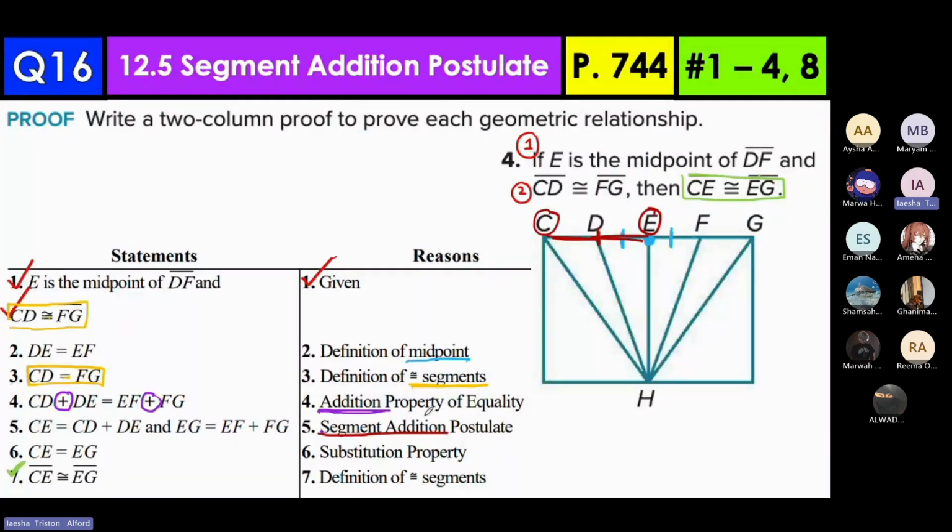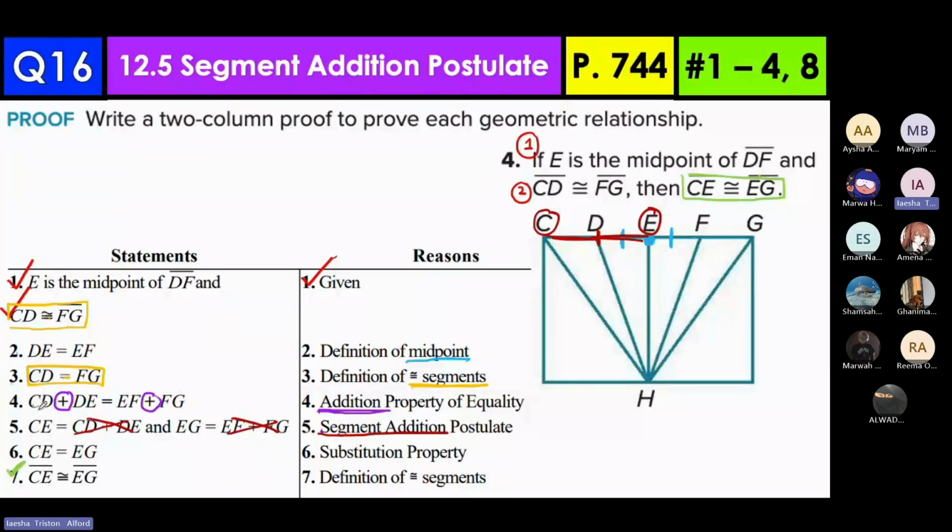Then we have substitution, right? What did we delete? We deleted this part. Why can we delete it? Because we know from line number 4.